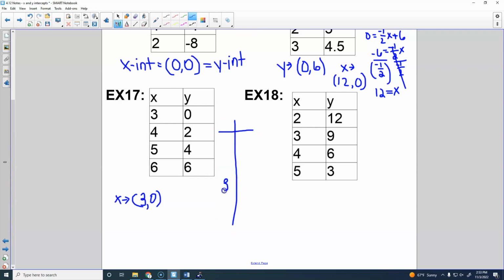You know that 3 is 0, right? 2 is going to be negative 2. 1 would be negative 4. And 0 would be negative 6. Yeah, so the y-intercept here is 0, negative 6.